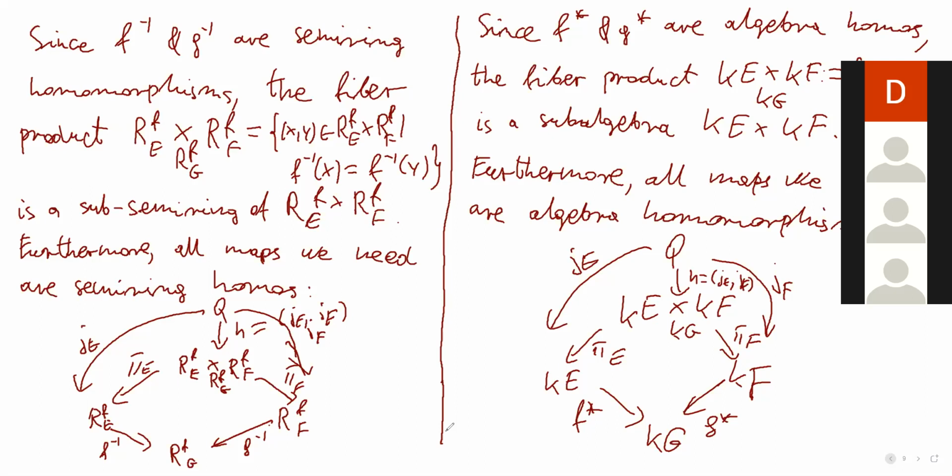Well, of course, when RFE and RFF are unital semi-rings, then the fiber product of a unital semi-ring under unital semi-ring homomorphism is a unital subsemi-ring. Yeah, because we have that F inverse of 1 is equal to, sorry, there is a mistake.